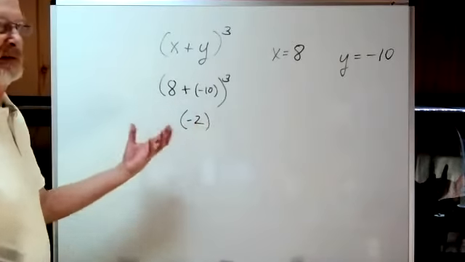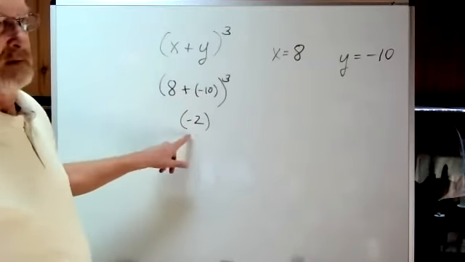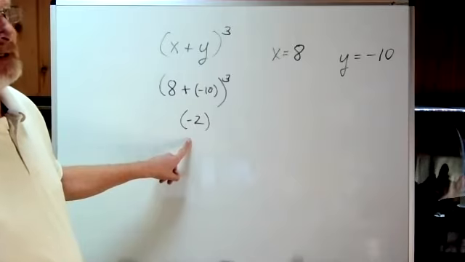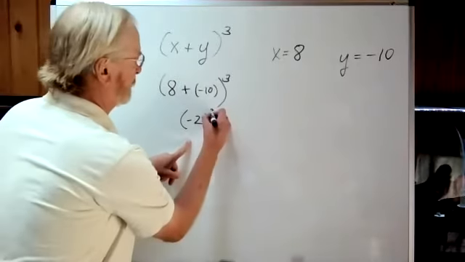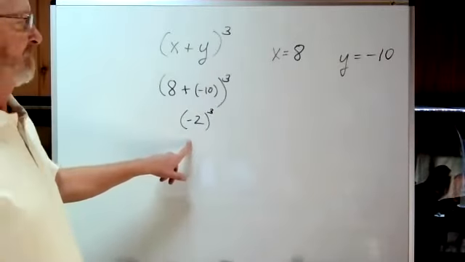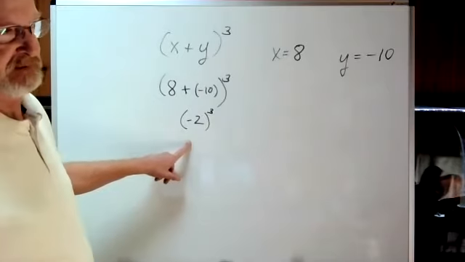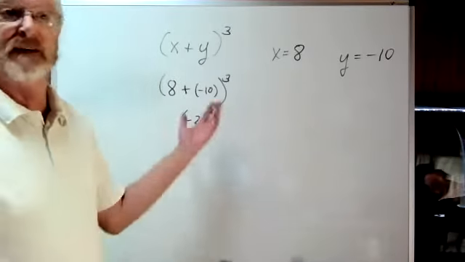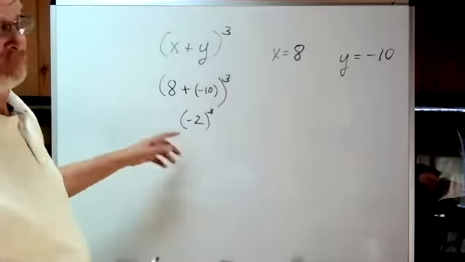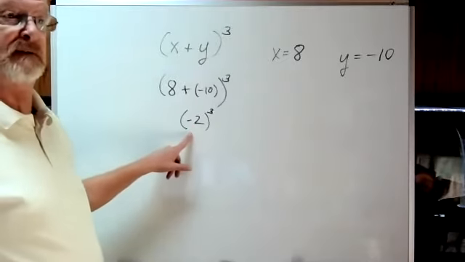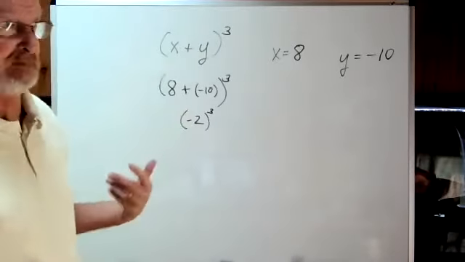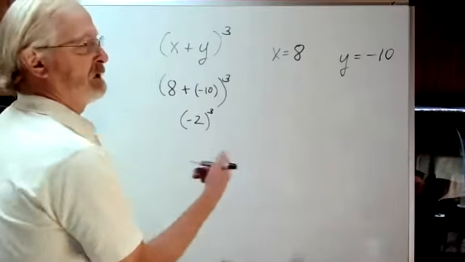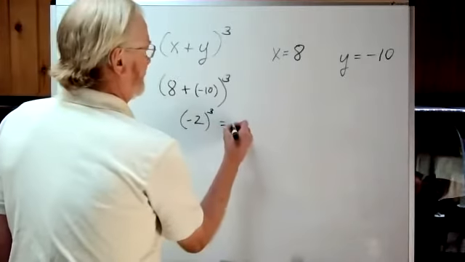Here I need those parentheses after combining to wrap up that negative sign inside before I put that exponent out there. Now for my previous explanations, because it's an odd exponent, we're going to get that negative number anyway. But if that had been an even exponent, that really would make a difference whether that negative sign was inside or not. So that's 2 cubed with a minus sign, negative 8.